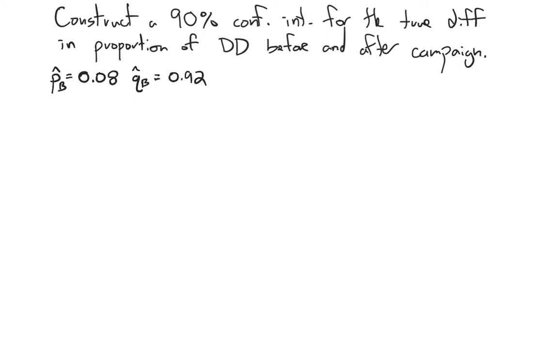And we know our sample size, N before, is 500. And we know that the proportion after was 0.04. So the proportion of failures after was 0.96. And the sample size after was the same thing, 500. But remember, they were chosen independently. This only works if things are chosen independently. Otherwise, you have to look at some paired experiment or something similar to that.